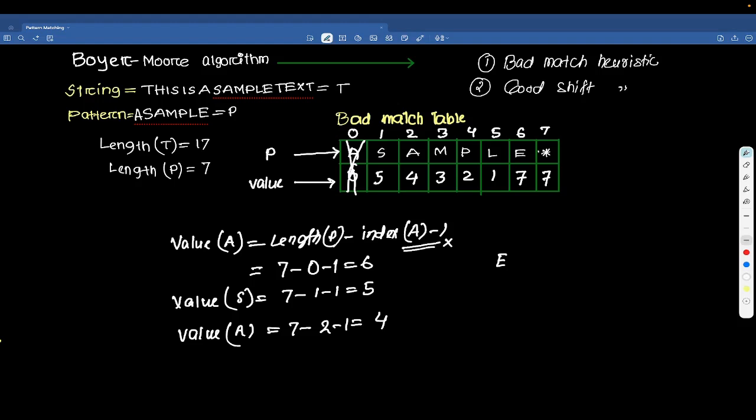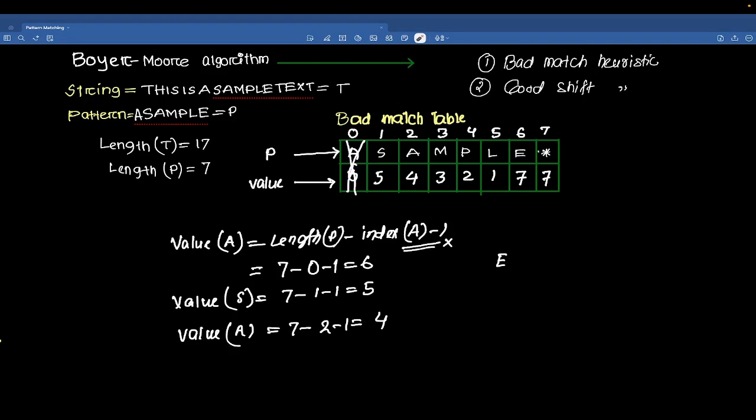One more thing we need to remember: suppose the last character E appears multiple times. In that case, we always consider the value of the last character as equal to the length of the pattern, rather than any other value we compute during the bad match table creation.